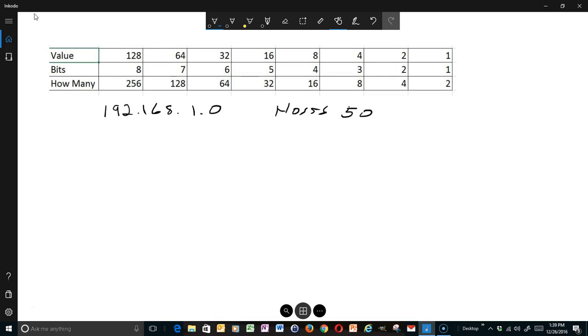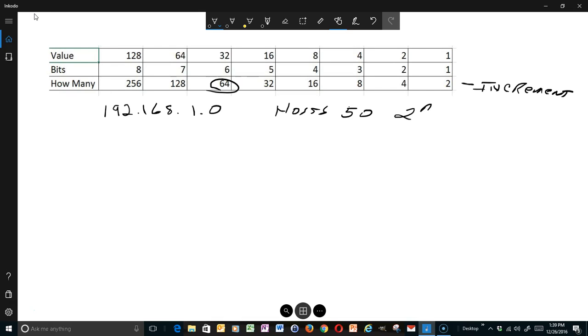So if we want at least 50 hosts on each network, going to how many here, we go into our increment line and we go over here and say we have to have 64, because whatever you do, you can't go in here and say, oh, I want 50. It's got to be a power of 2. So it's got to be 2 to the n, 2 to an integer number is going to break these things up.